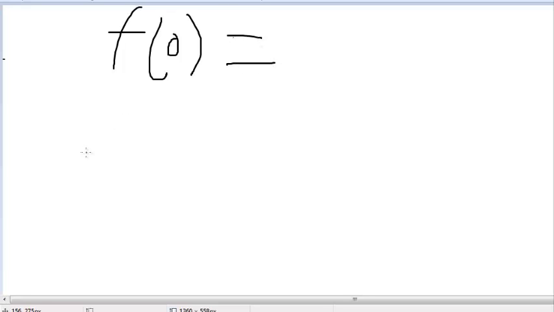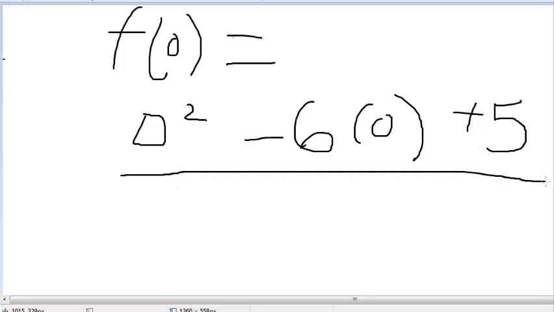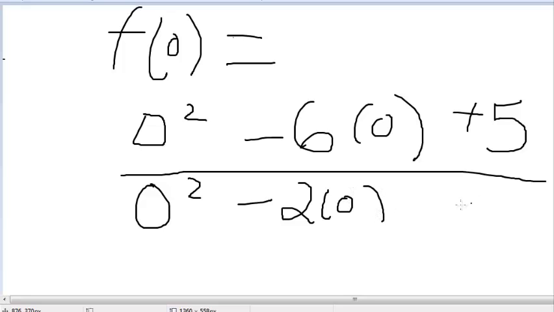So we're going to have 0 squared minus 6 times 0 plus 5 over 0 squared minus 2 times 0 minus 3.